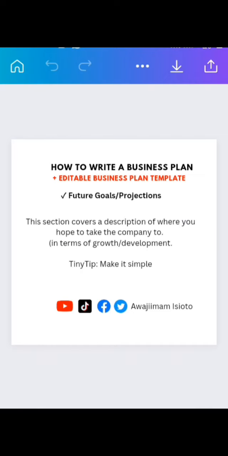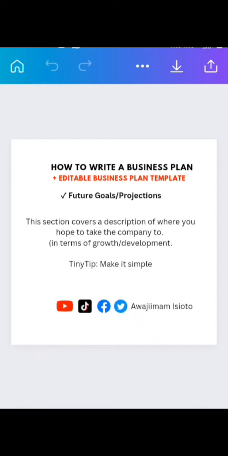Okay, so the last one is your future goals and projection. In this session, you just want to talk about what your future plans will look like for the business. You don't want to start a business that will just end after 6 months.